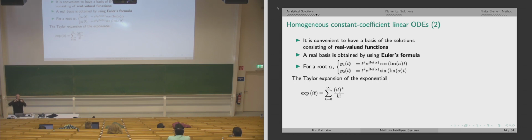Then both plus and minus the imaginary part will be solutions to the characteristic polynomial. Meaning that in terms of real valued solutions, you will get the cosine of the imaginary part and the sine of the imaginary part. So this has to do with that.